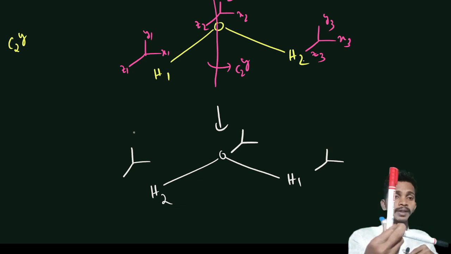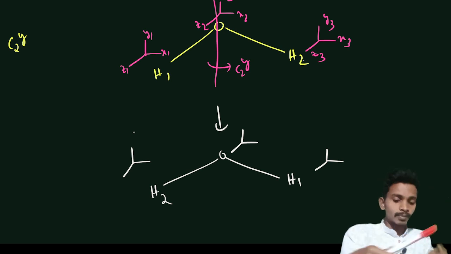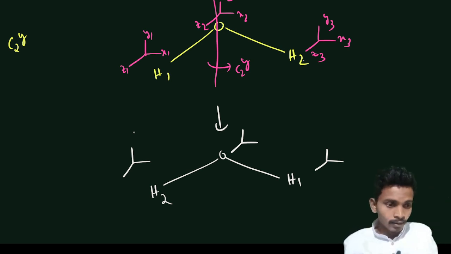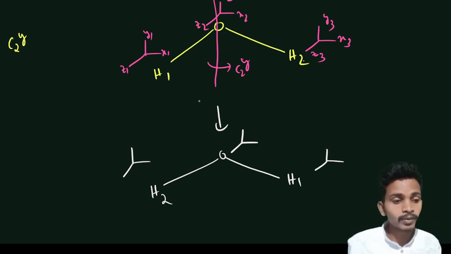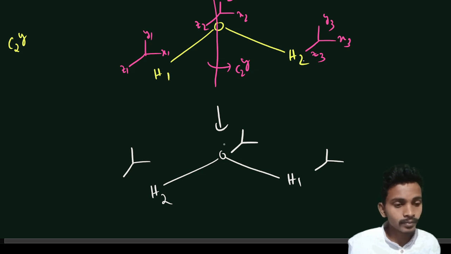Okay, it means that whenever I do 180 degree rotations, the y-axis remains as it is. So first, this H1 and H2 are interchanged.